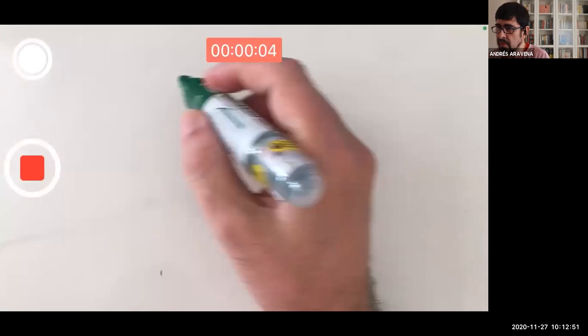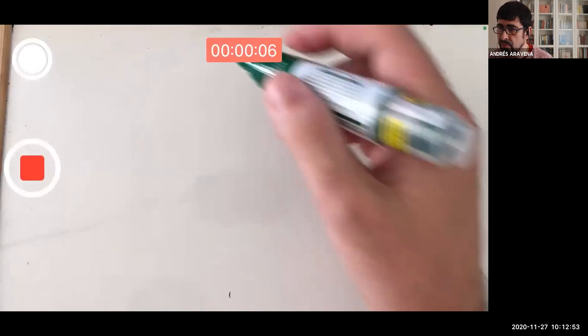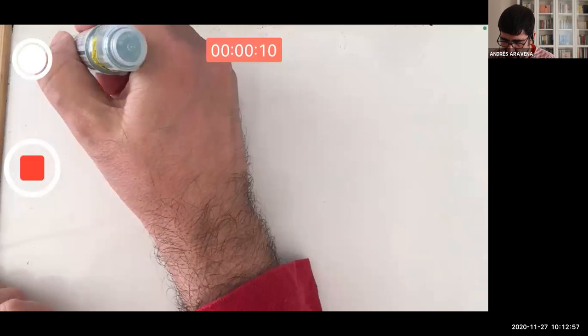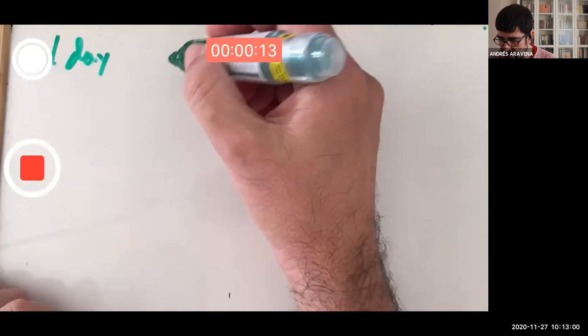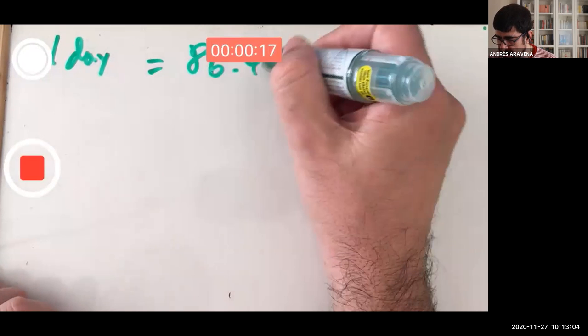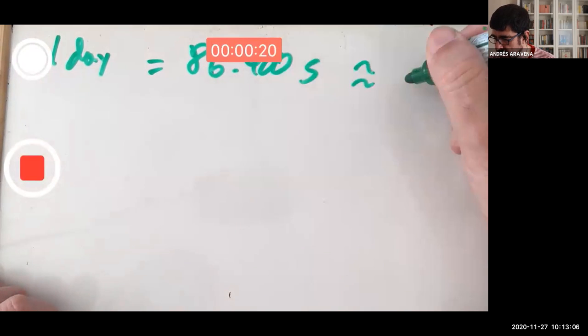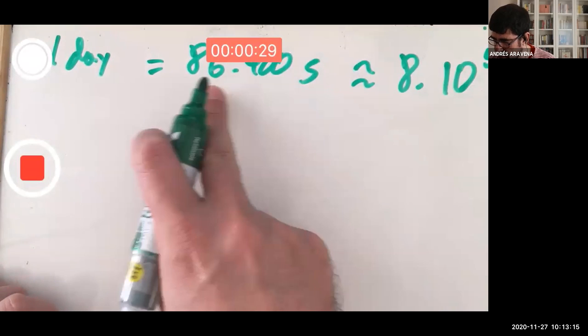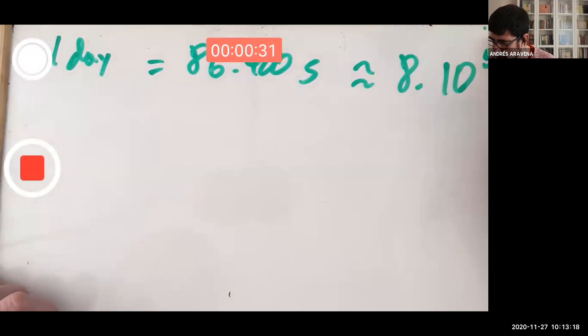Okay. So what was the reasoning of this? So here, like this one. One day is 86,400 seconds, which is about 8 times 10 to the power of 4.